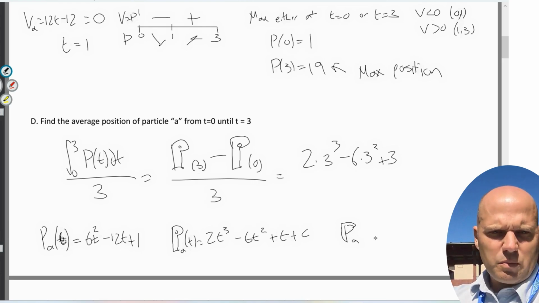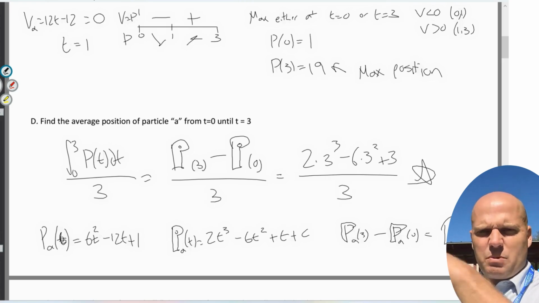But when you subtract P_A of 0, you're just going to get P_A of 3 without a c. This would be your answer for the average position.